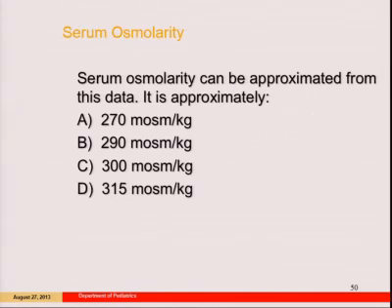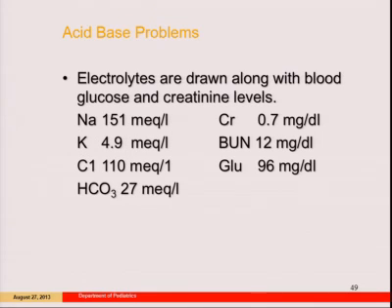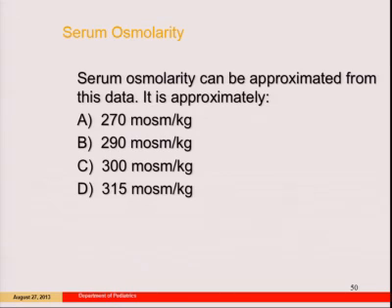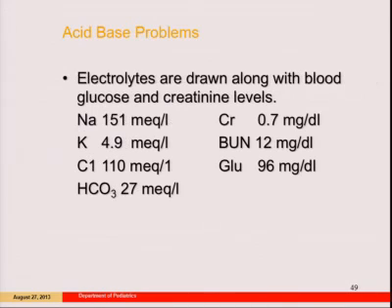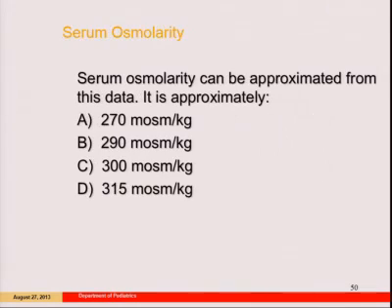Now what do I do? Serum osmolarity is, there's only one answer that this can be. Correct.